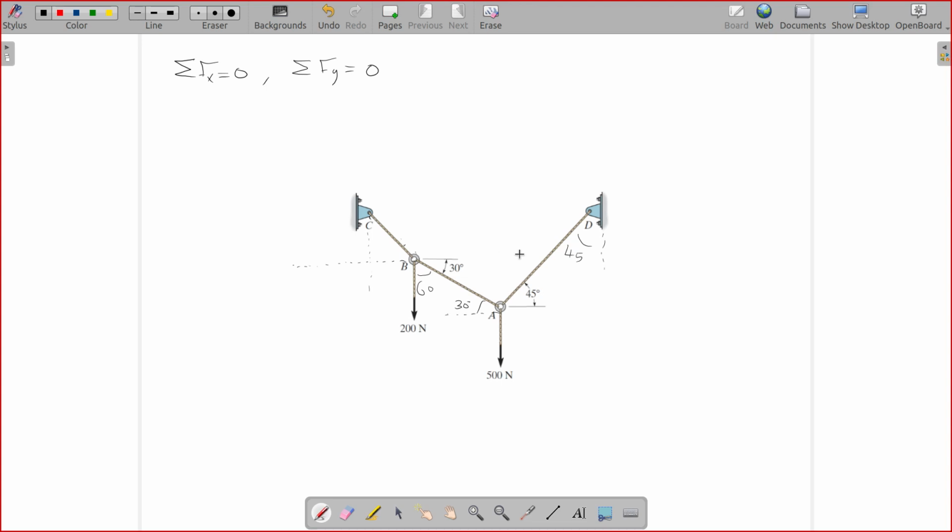So that means the angles of these two forces are known and this one is unknown.